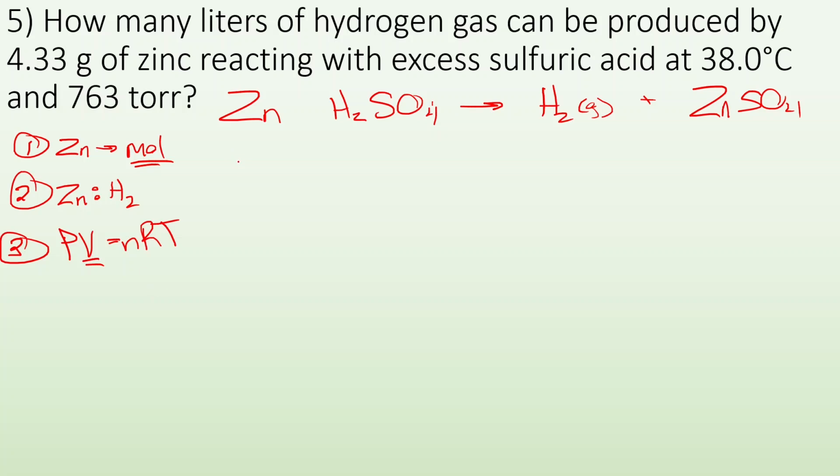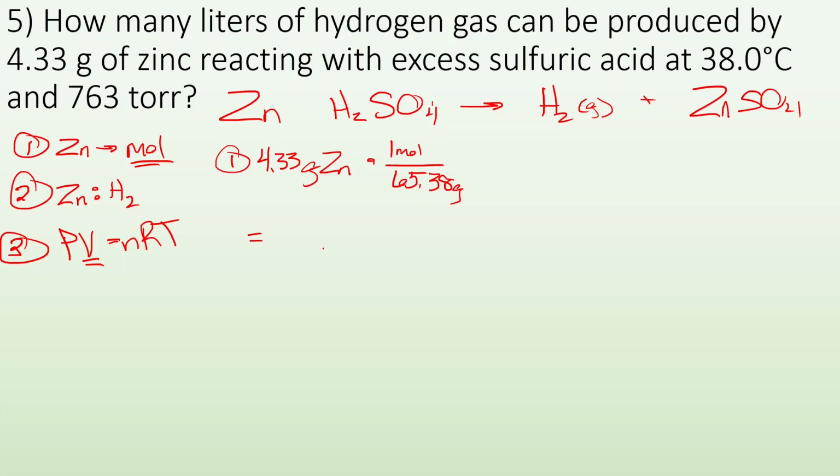All right, so let's figure this out. 1, zinc. It says I have 4.33 grams of zinc. And the GFM for zinc is, what is it, 65.38. So I know that 1 mole is 65.38 grams.